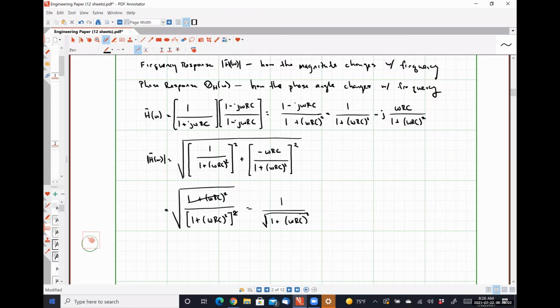So we can do a couple of things here to check some stuff out. The first thing that we can do, let's figure out what the amplitude is when omega is equal to 0.